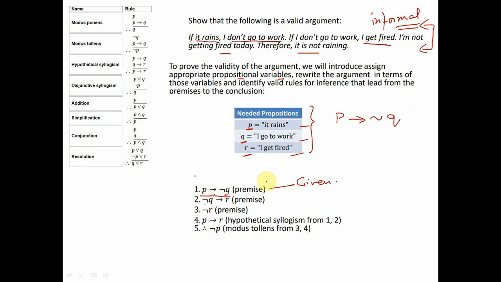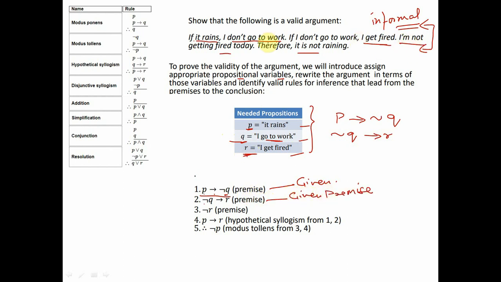Negation of Q implies R. If I do not go to work, I get fired. If I do not go to work means negation of Q. I get fired means R. So negation of Q implies R. So this is my second given premise.